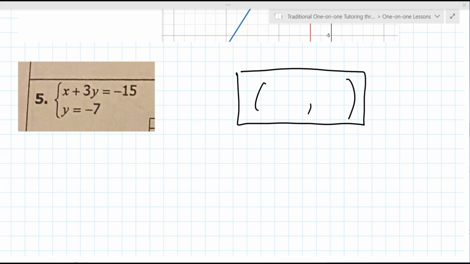Y equals -7. Huh. Okay. I don't think it's 0.5.